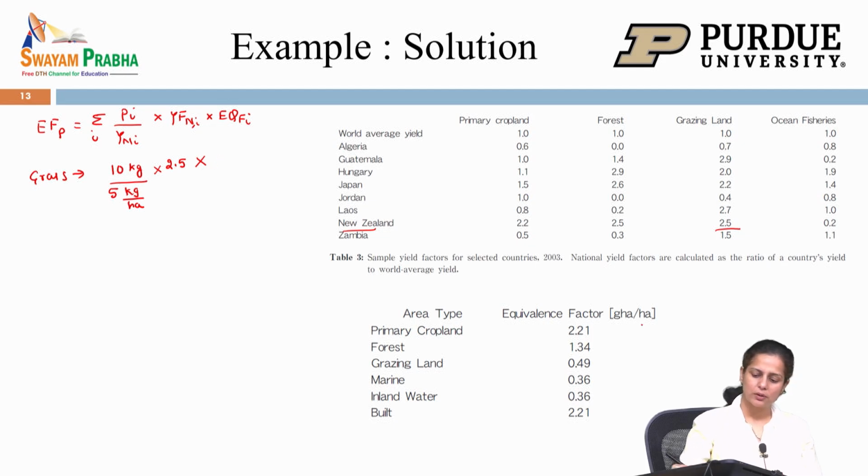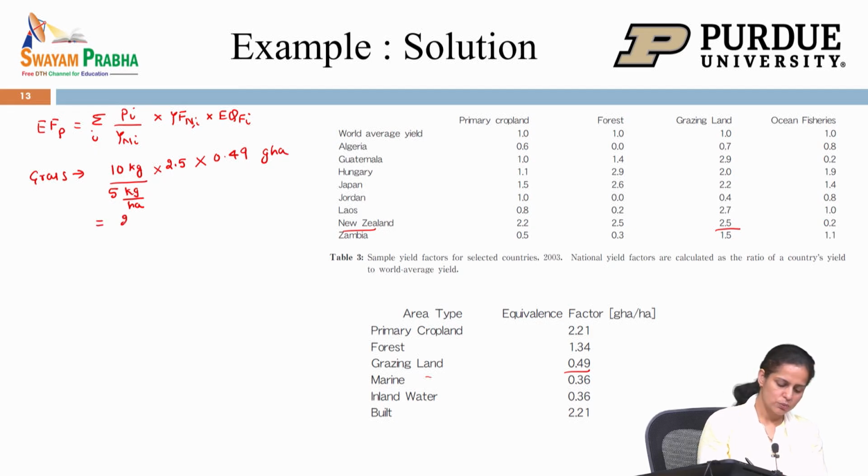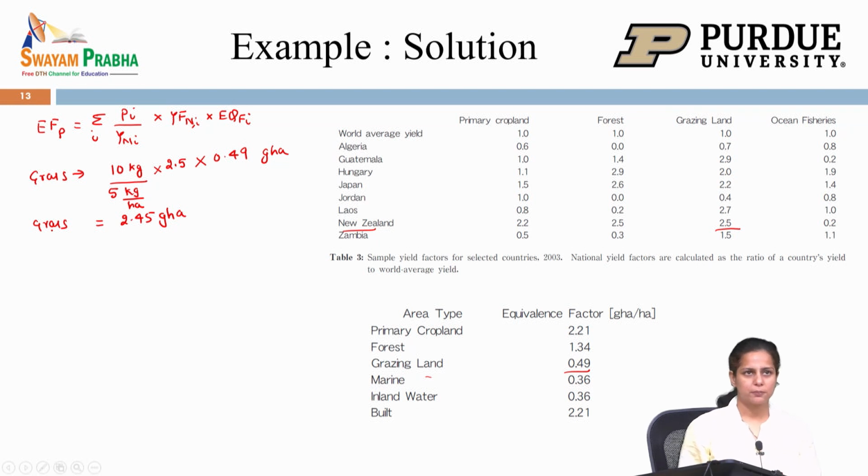So, we want to calculate the global hectare. So, for grazing land the equivalence factor is 0.49. So, we multiply by 0.49, and that is where we get the global hectares. So, this will come out to be 2.45 global hectare, the ecological footprint for the grass input for that product.